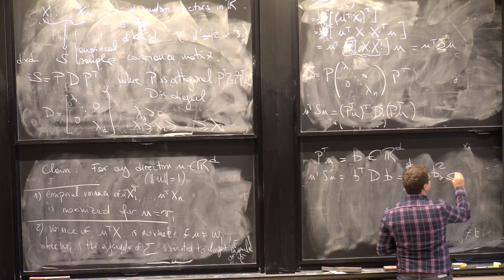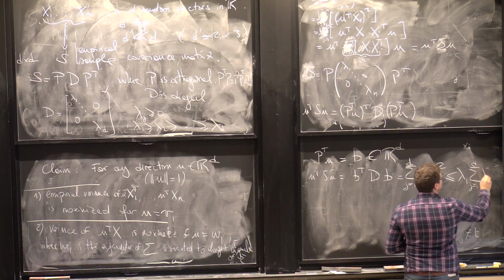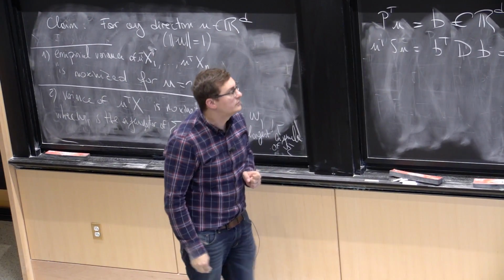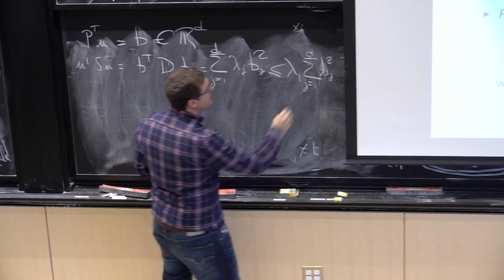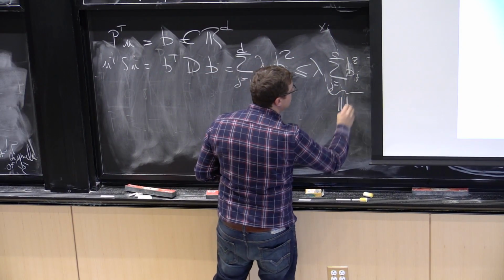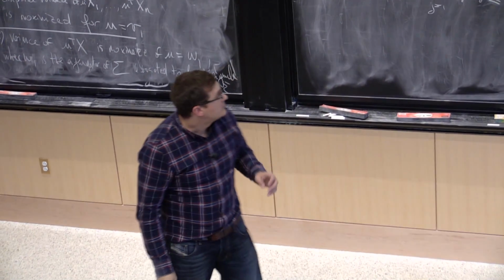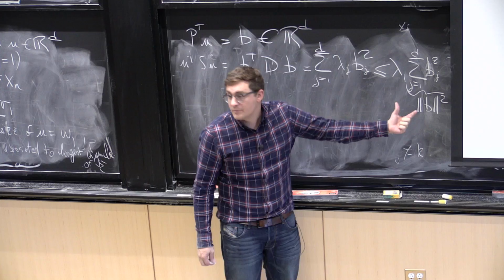So this thing is actually less than lambda 1 times the sum from j equal 1 to d of bj squared. And this is just the norm of B squared. So if I want to prove what's on the slide, all I need to check is that B has a norm which is at most 1.